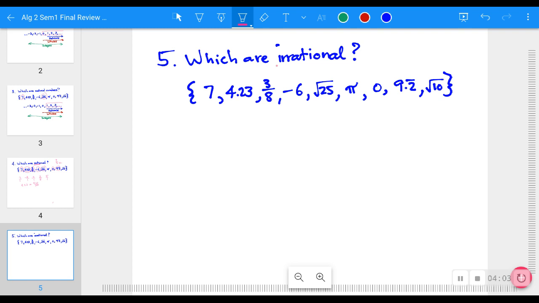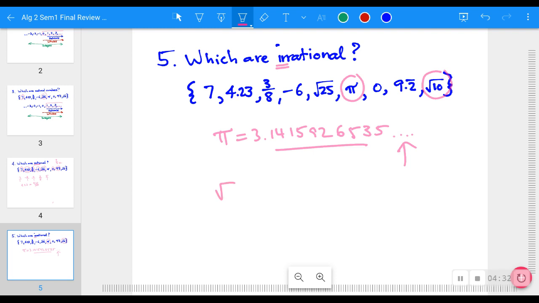Irrational numbers are ones that are not rational, so we were limited to pi and square root of 10. Now pi, you know, is 3.14159265355, etc. It does not terminate, in other words, it doesn't stop, and it does not repeat, and those are the combinations that are always present when you have an irrational number.